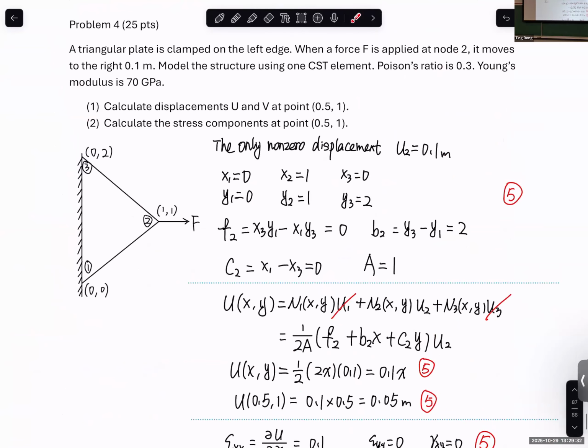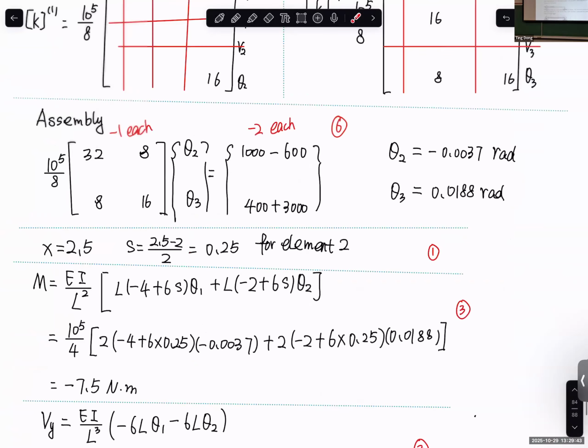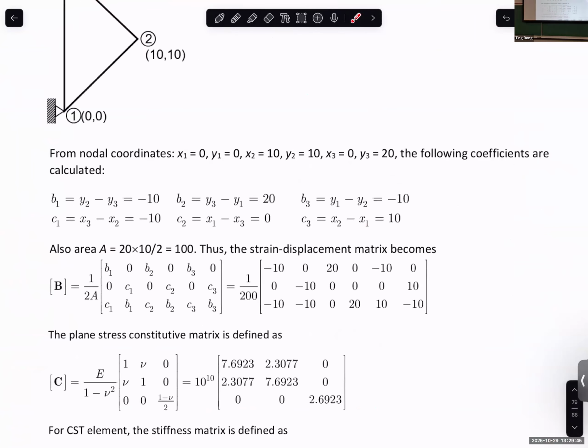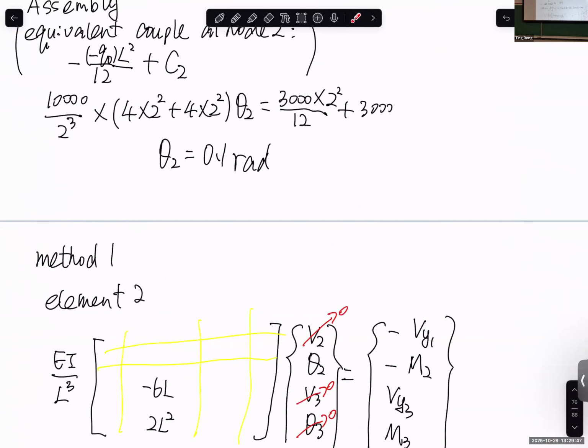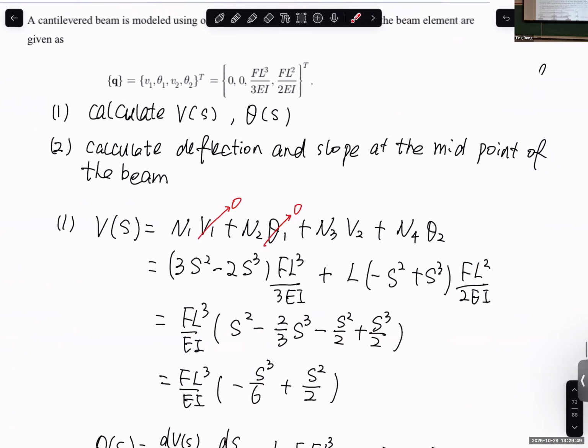The last one again is the type of question we practiced repeatedly in the example and homework. There's really nothing different. I can show you here that the example, actually the thing we practiced in the homework, is more difficult.